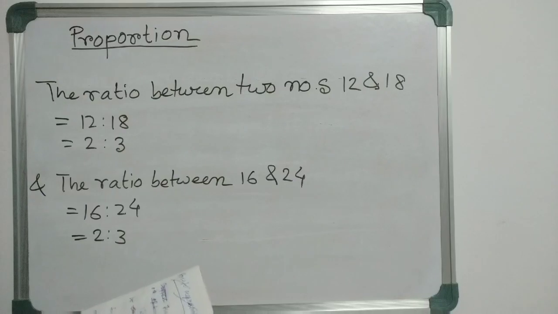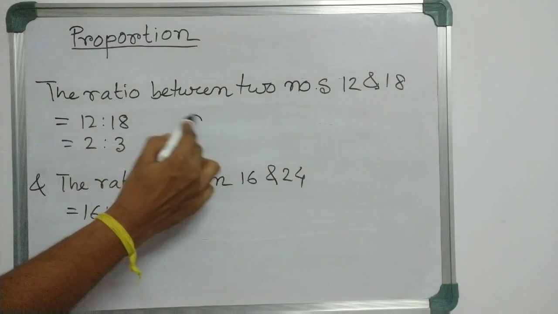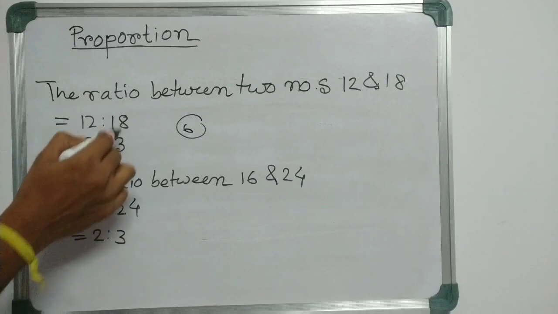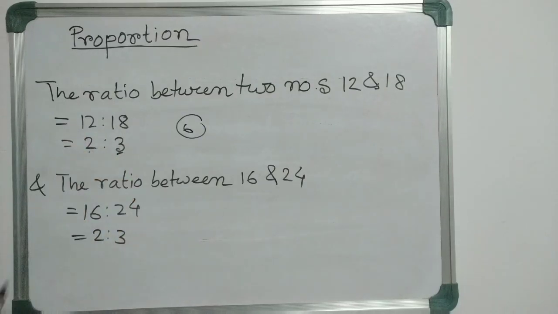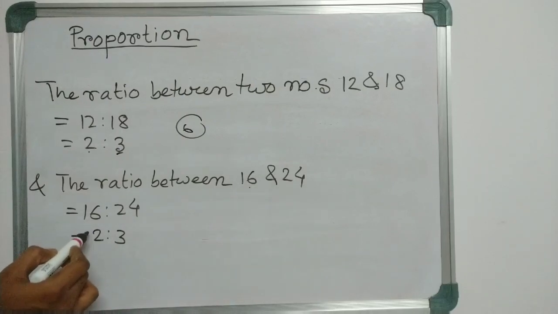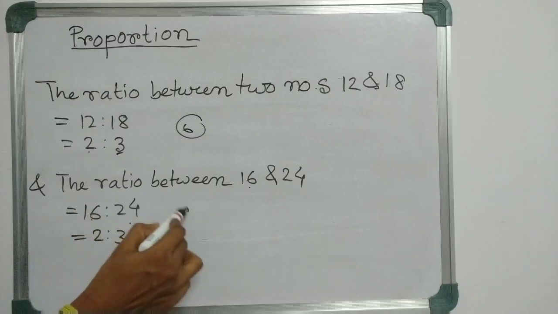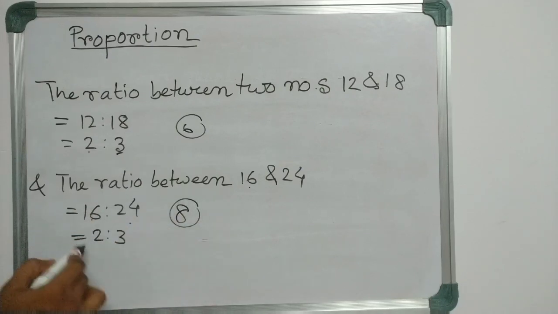The ratio between two numbers 12 and 18 is 12 to 18. If we divide 12 and 18 by 6, then it becomes 2 and 3. Now the ratio between two numbers 16 and 24 is 16 to 24. If we divide these two numbers by 8, then we will get 2 and 3.